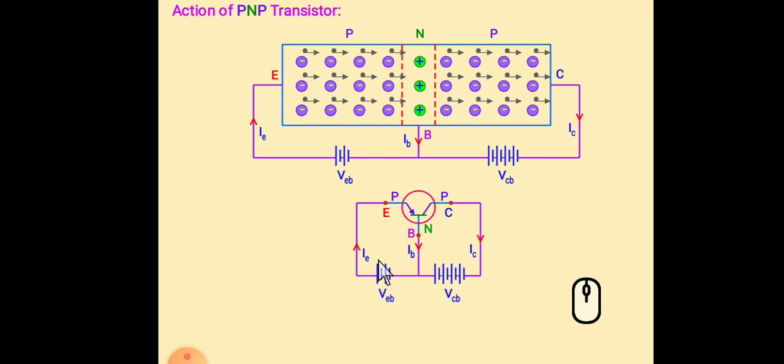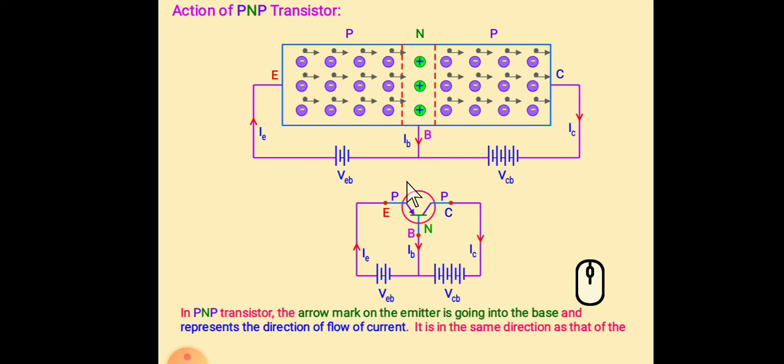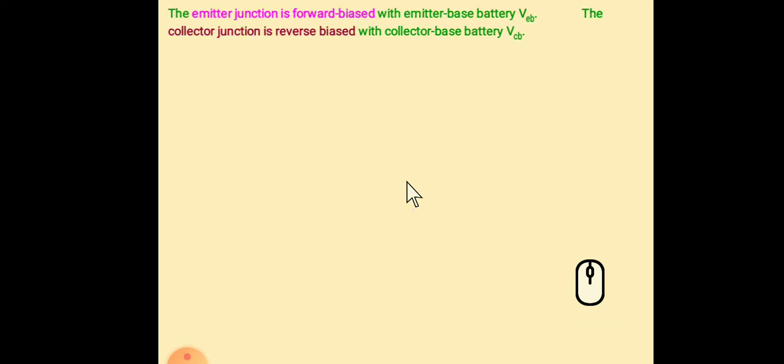Same, this emitter base is forward bias and collector base is reverse bias. Here we have to remember that this arrow mark always is at the emitter, and it shows the direction of current.